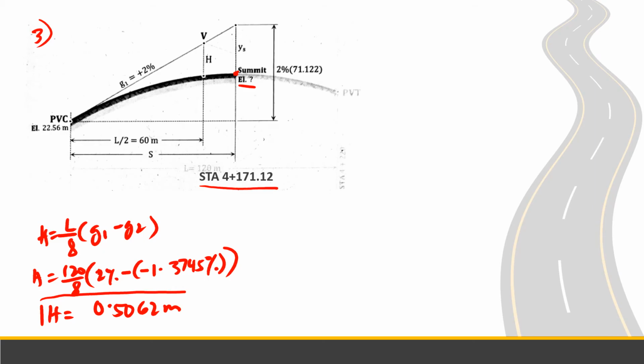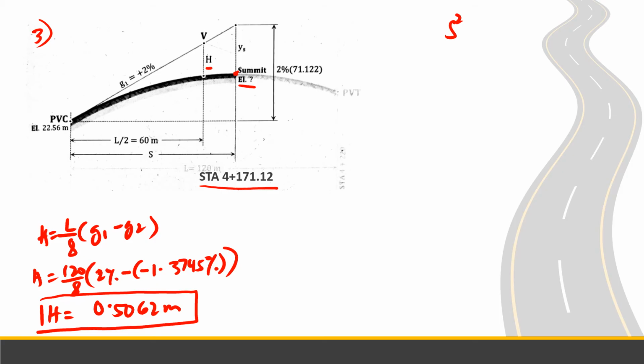So H is equal to 120 over 8, G1 minus G2, or 2% minus negative 1.3745%, which is 0.45%. So H will be 0.5062 meters. That is our H. We need it to solve the elevation of the summit.